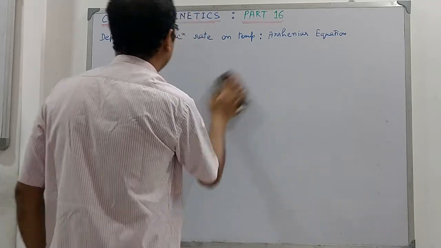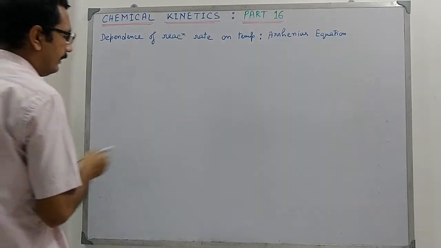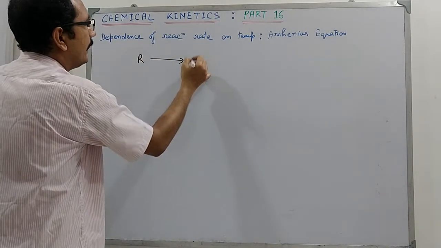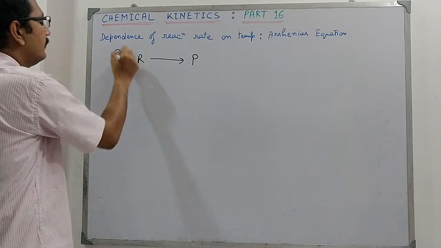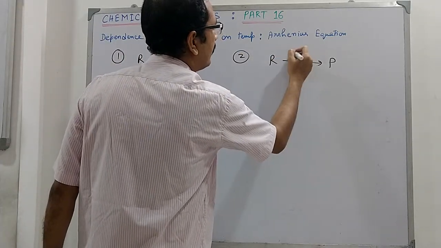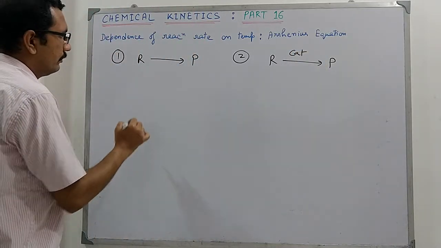Now what happens when a catalyst is applied in a reaction? So you have a reaction, reactant to product, in case 1, and in case 2 you have the same reaction catalyzed by some species.